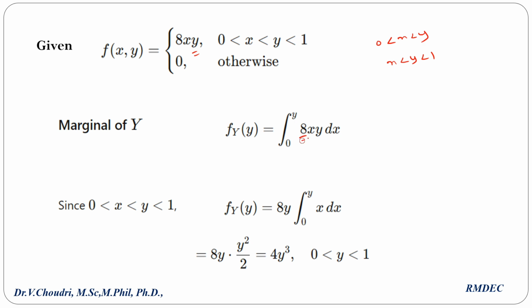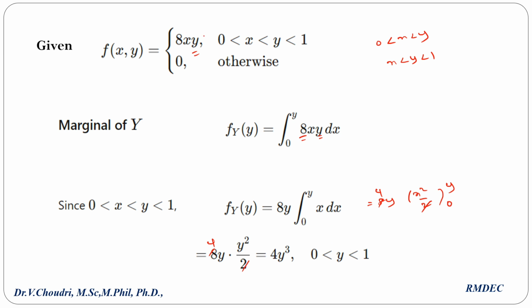So 8 is a constant, y is a constant. Take it outside. 8y into 0 to y, x into dx. So answer is 8y x square by 2, limit 0 to y. So here 2 and 8 cancel by 4, and apply the upper limit y square minus 0. So answer y square alone, y into y square equal to 4y cube. Limit 0 less than y less than 1.